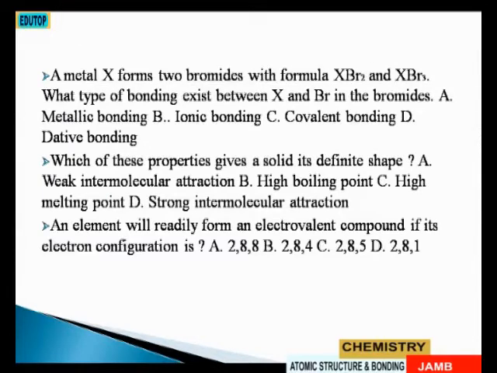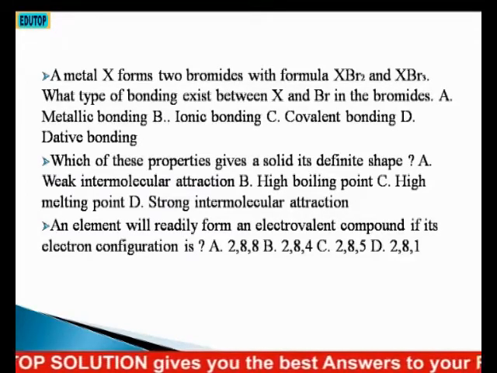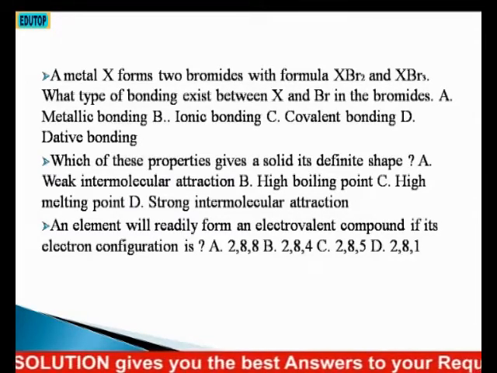Question 6. A metal X forms two bromides with formula XBr2 and XBr3. What type of bonding exists between X and Br in the bromides? This one is not far-fetched.